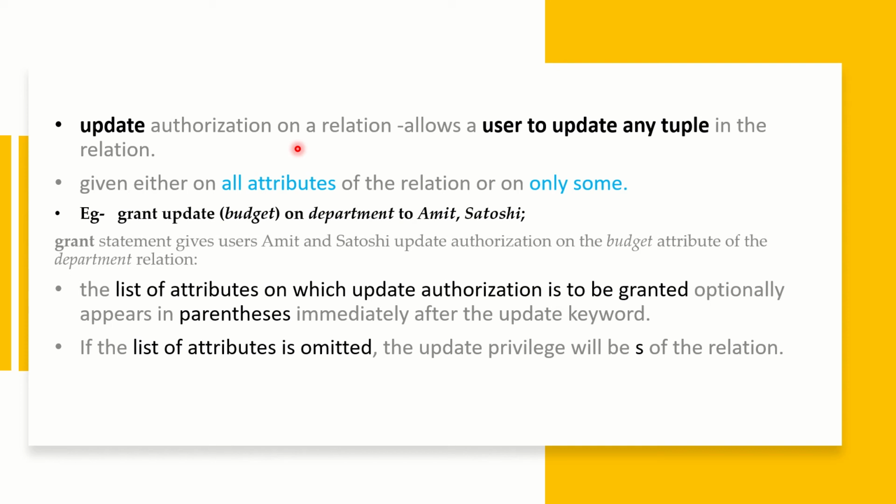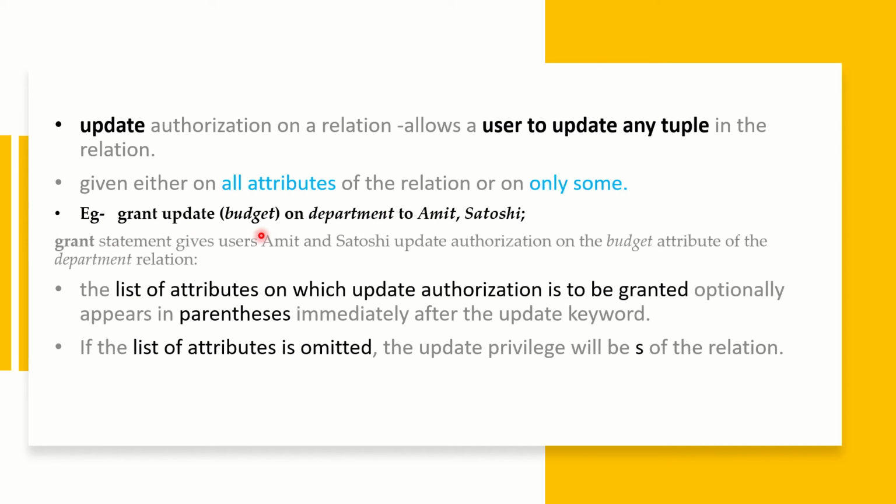It is also possible to specify the attribute which can be updated by a person. For example, grant update (budget) on department to Amit and Satoshi. That means inside the department table there is an attribute called budget, and that attribute can only be updated by these two persons.